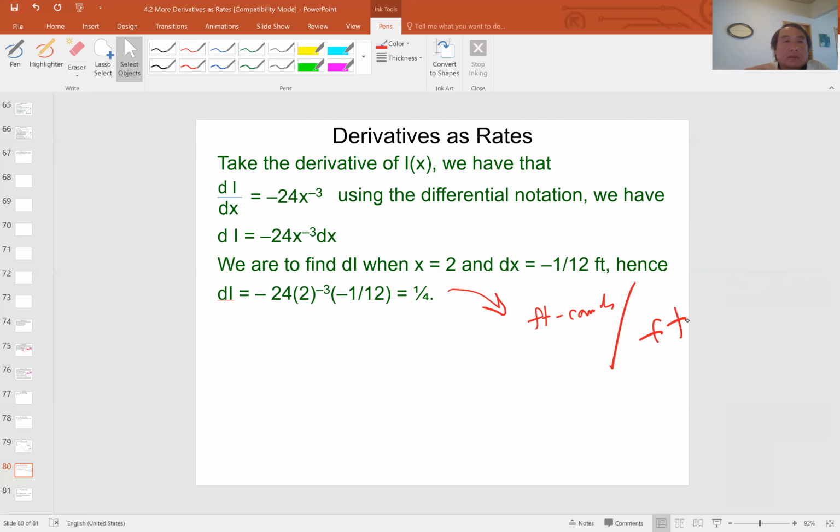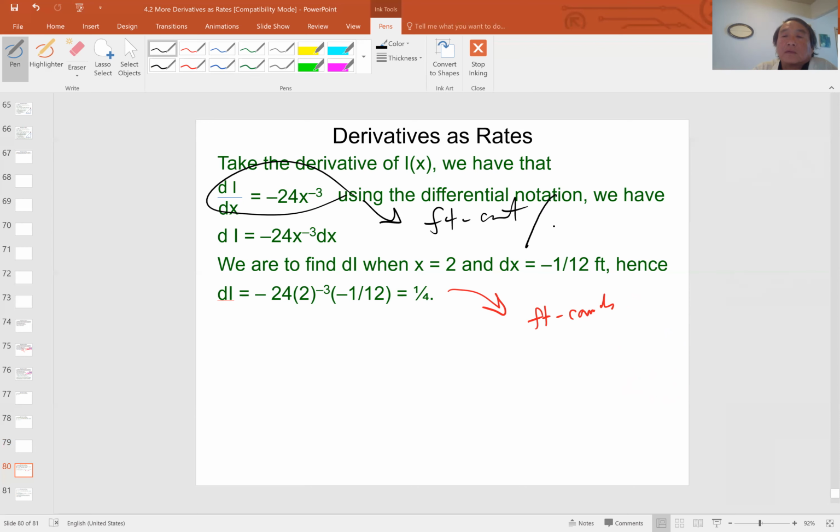Sorry, this is actually the foot candles, and this one was the units in foot candles per foot, and over here the foot and foot candle. So the 1/4 is just 1/4 foot candle. Move 1 inch, and roughly the intensity of light increases by 1/4 foot candle.